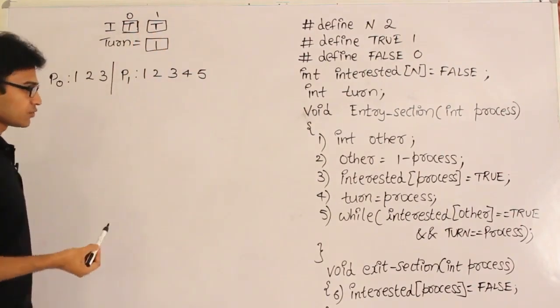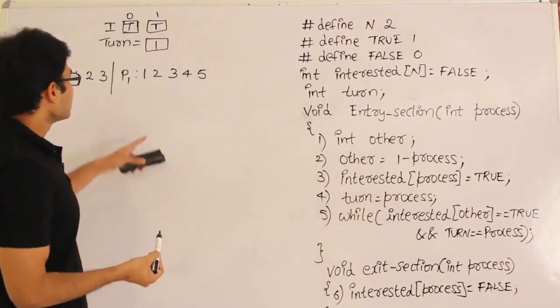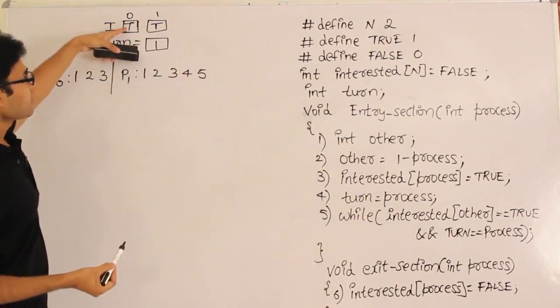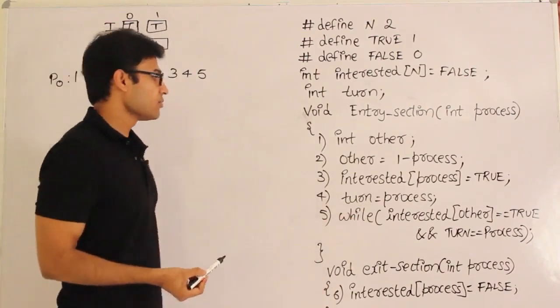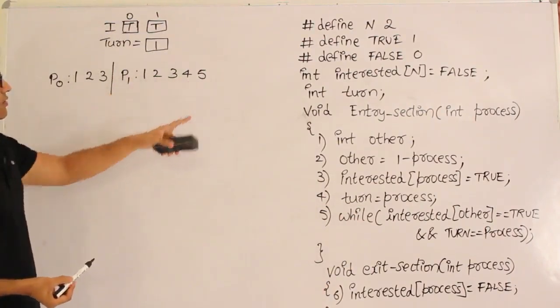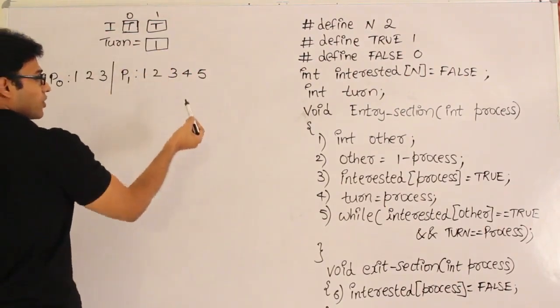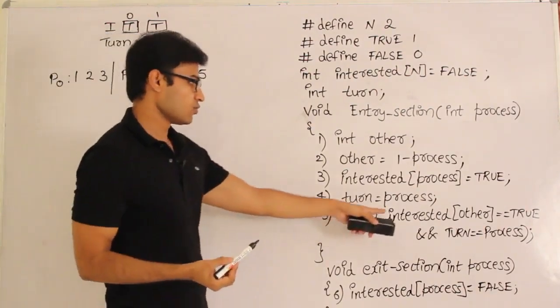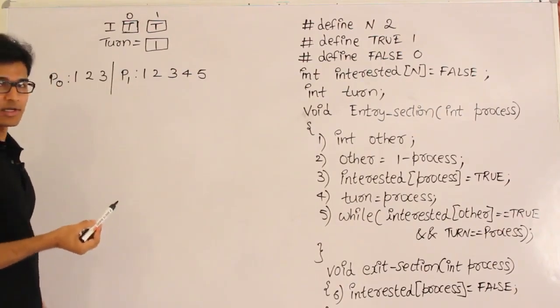Then what happens at the while loop? While interested of other equal to true: is interested of other true? What is the other for 1? It is 0, right? Yes, interested of other is true, and turn equal to process, yes, which means turn equals 1. Therefore these two conditions are true, and so process P1 will get stuck in the while loop.